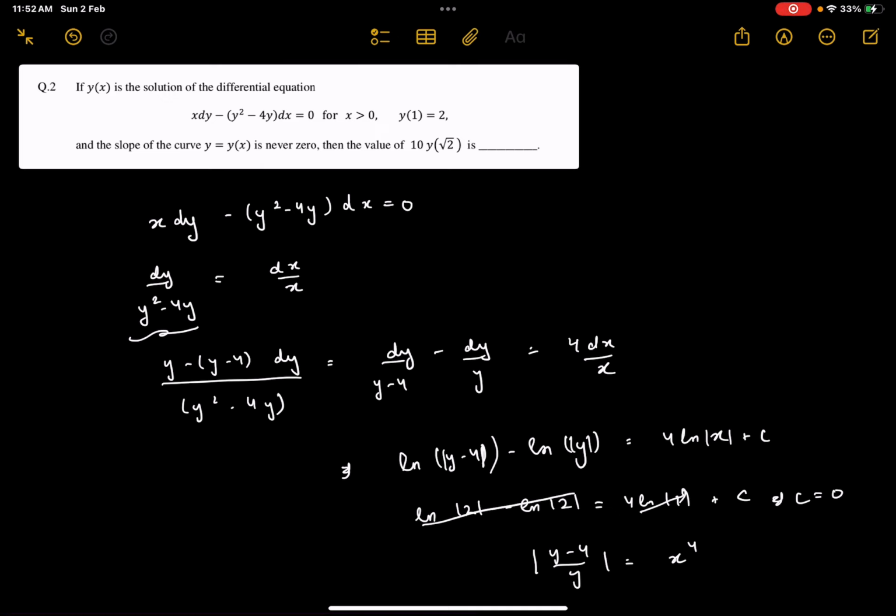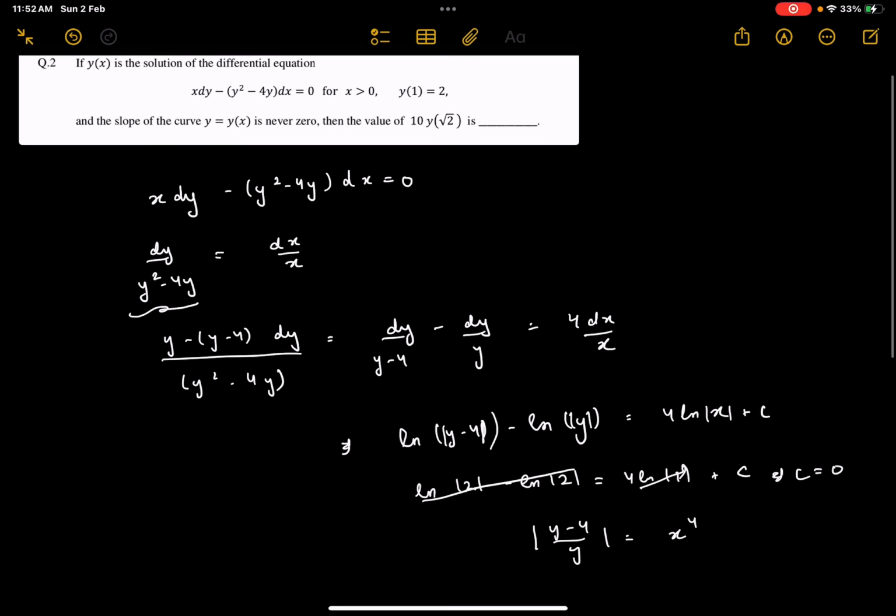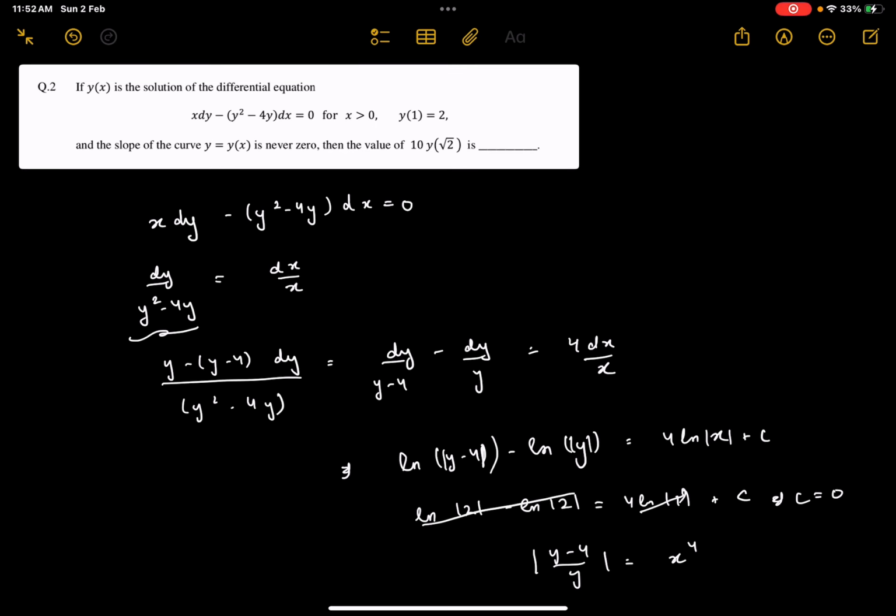That means dy by dx is never 0. We are given that dy by dx is equal to 4 by x. That gives us y is never 0 and y is never 4.